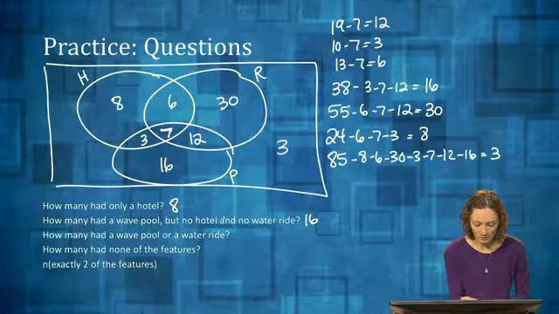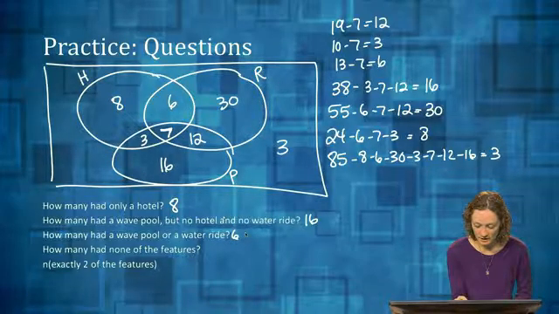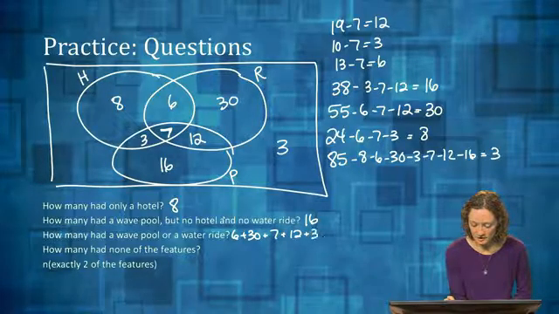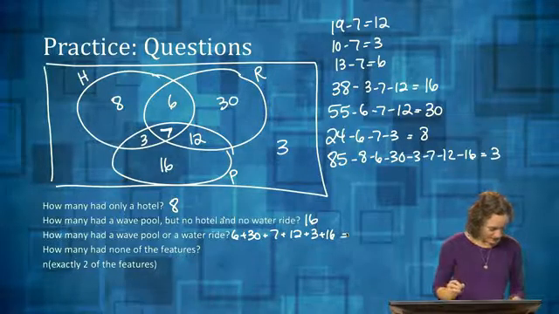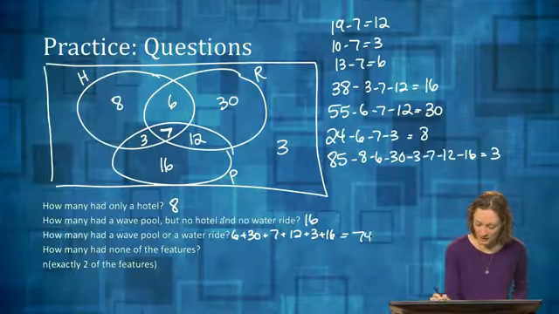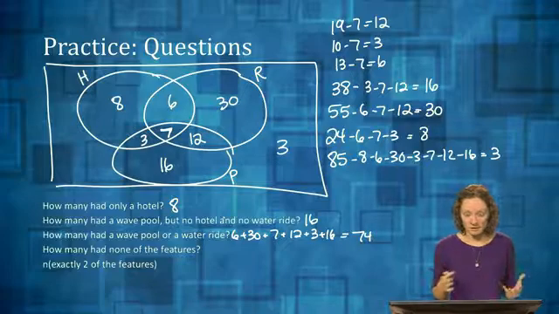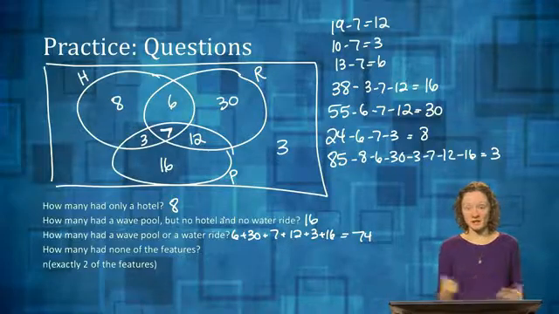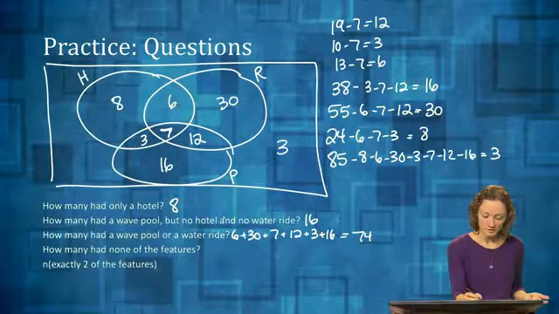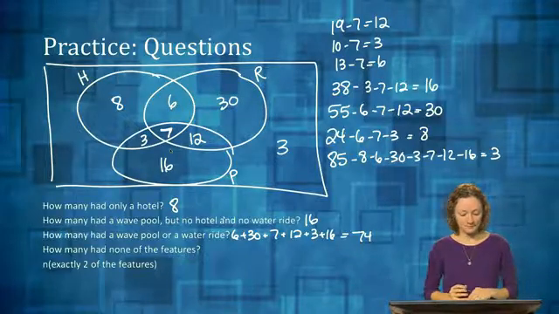So to figure out this one, we add up all those numbers. We have 6 plus 30 plus 7 plus 12 plus 3 plus 16, and we get 74. Some of those 74 had both, some only had one, some only had the other, some also had a hotel. We didn't really care about that, but we certainly have some that also have a hotel.